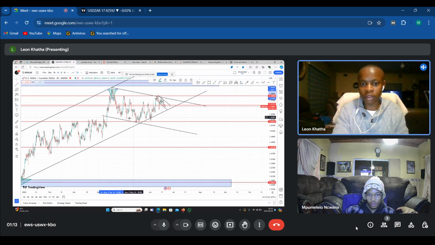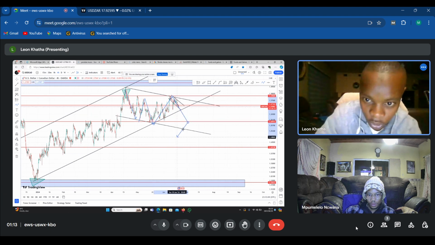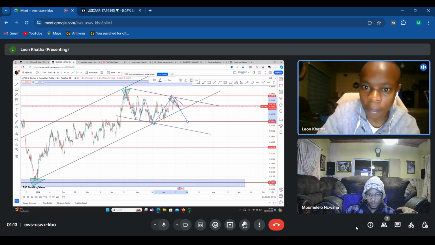The market was really respecting the trends, where we have the market dropping towards our support and then coming back towards our resistance, back to our support, back to our resistance. Now we are aiming for it to continue to come to our support levels.